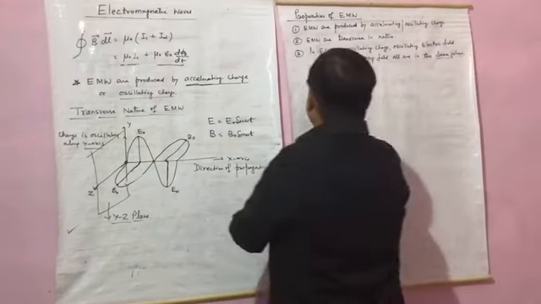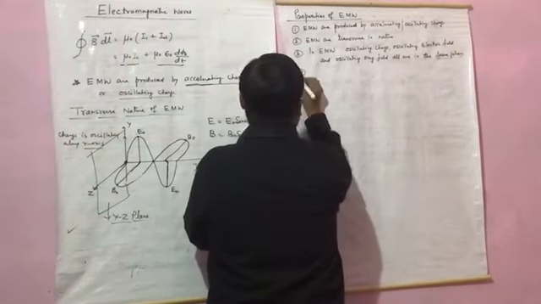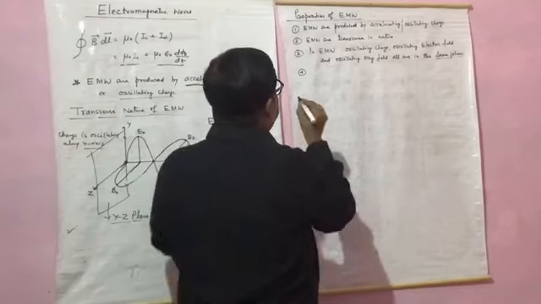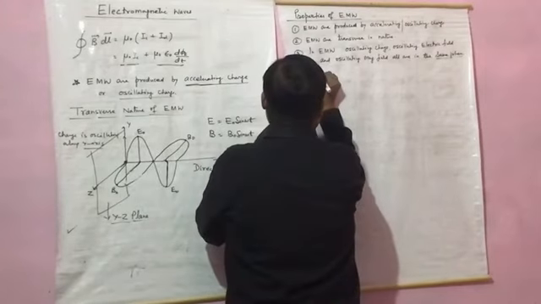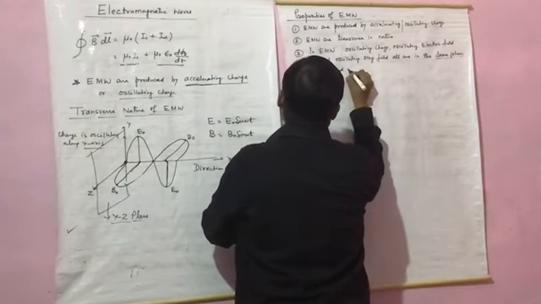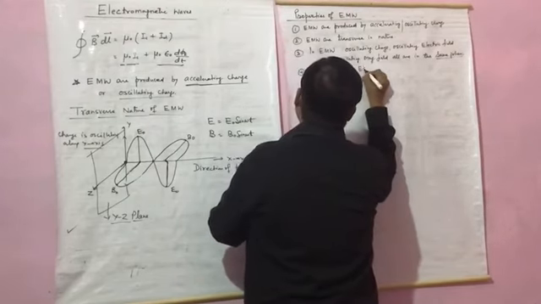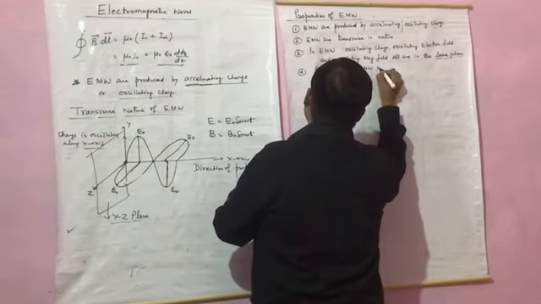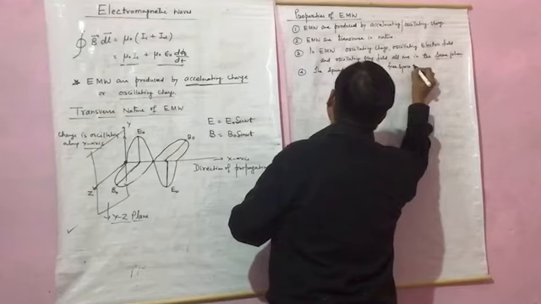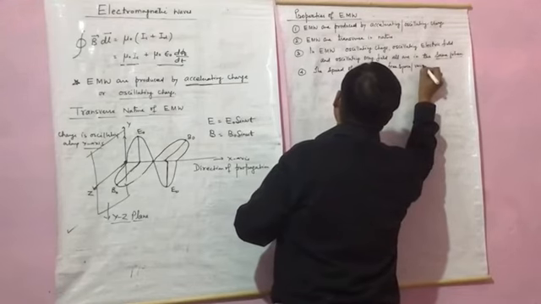Now the fourth. The speed of EM waves in free space or vacuum.